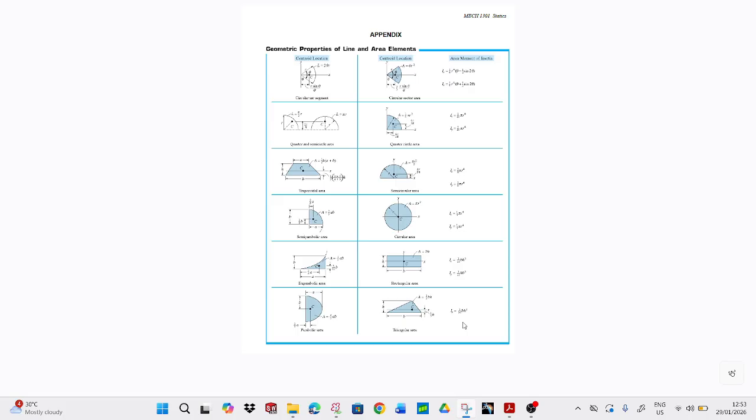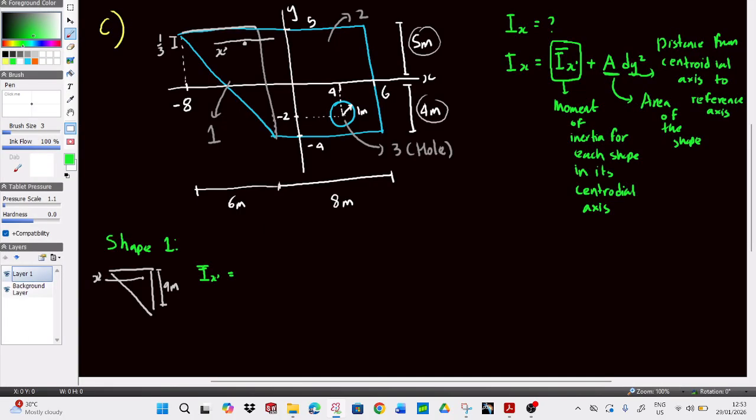For Ix, because we are concerned with the height, it would be BH cubed also.